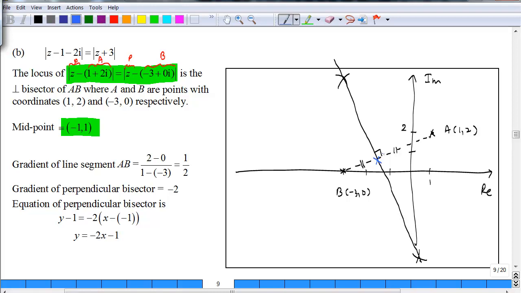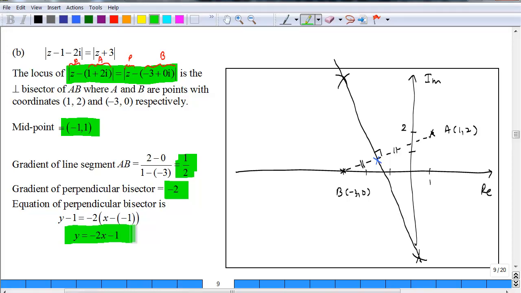Right. And you can actually get the gradient of the line segment AB using the coordinates of the 2 points, which is half, and then you can find the gradient of the perpendicular bisector, and you can form the equation of the perpendicular bisector.